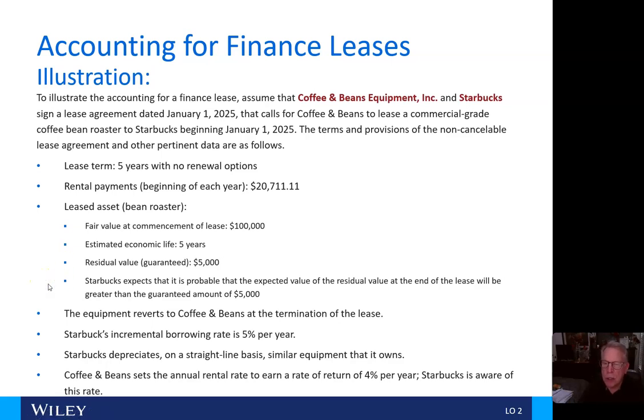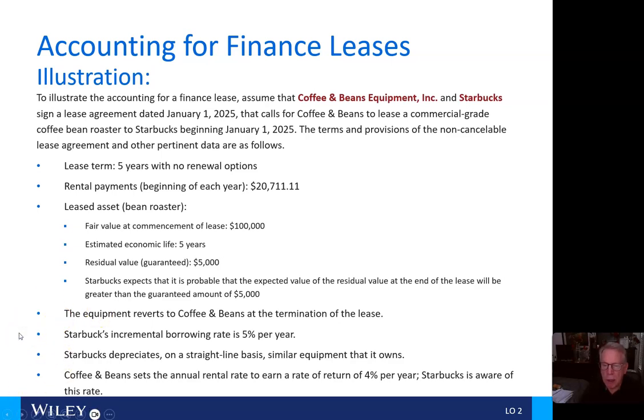And 4, Starbucks expects that it is probable that the expected value of the residual value at the end of the lease will be greater than the guaranteed amount of $5,000. The equipment reverts to Coffee and Beans at the termination of the lease.